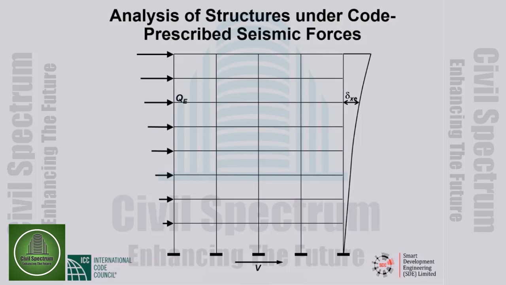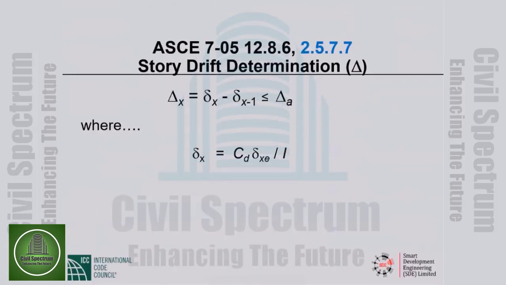Delta sub xe is the elastically computed deflection at floor level x under the code prescribed seismic forces, which means the design base shear of the code distributed along the height of the structure in the manner prescribed by the code. Okay. This delta sub xe, as I mentioned yesterday, is not the deflection floor level x will actually undergo if the design earthquake were to hit our structure.